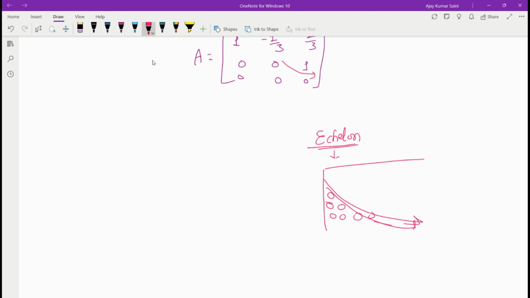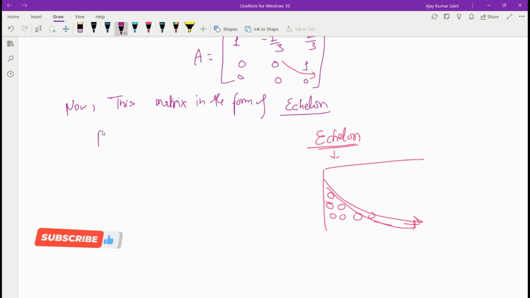So this matrix is now in the form of echelon. Now I also told you before that the non-zero rows, now there are two non-zero rows left.